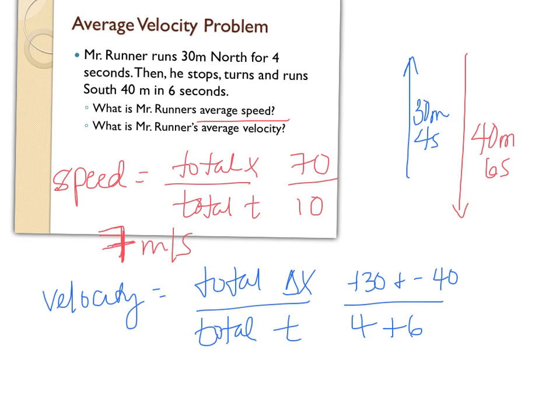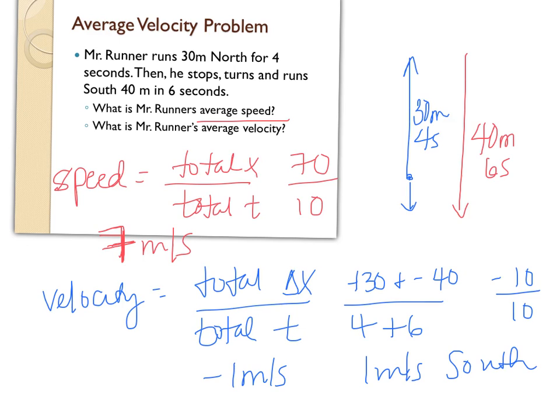So this is going to be negative 10 over 10, or negative 1 meters per second, or you could write that as 1 meter per second south. Okay? So another way to kind of think about this is your average speed is the time it takes to go that part from the start to the end. Okay?